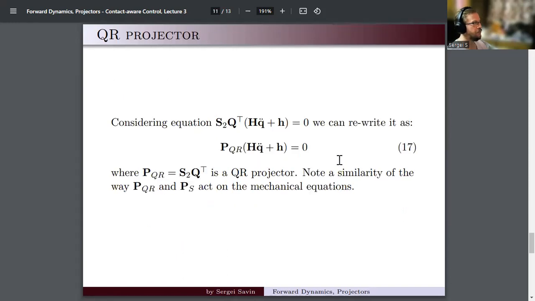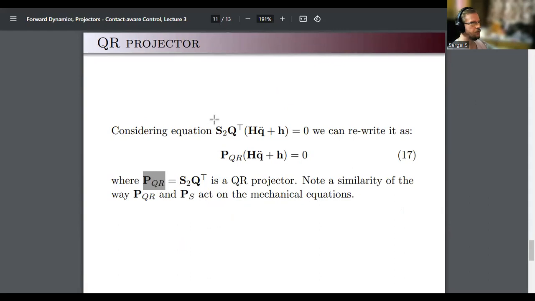And I think in terms of practice, this does sound very reasonable. Computing this projector sounds much more appealing than computing the previous projector. So this is something to keep in mind.